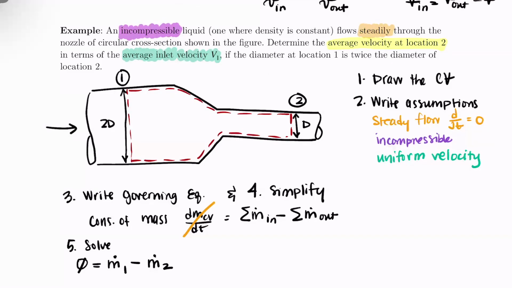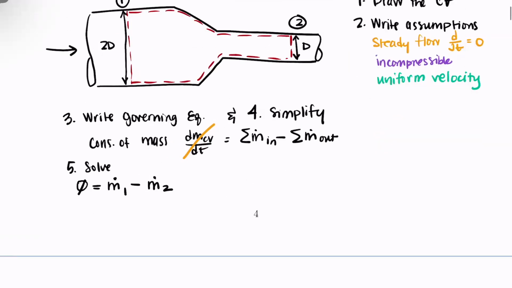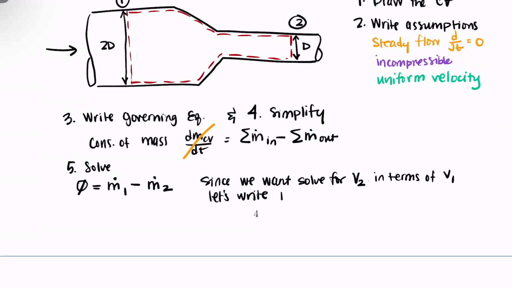All right, so we want to write m dot in terms of velocities, right? So since we want to solve for velocities in terms of V1, let's write m dot is equal to rho A V, right?